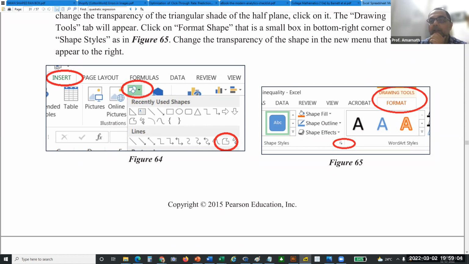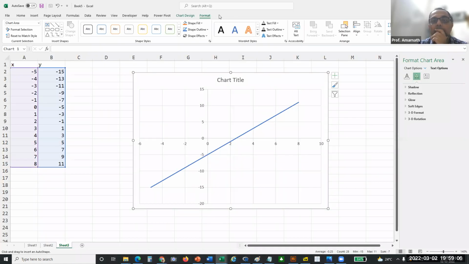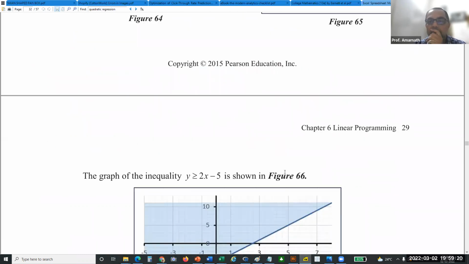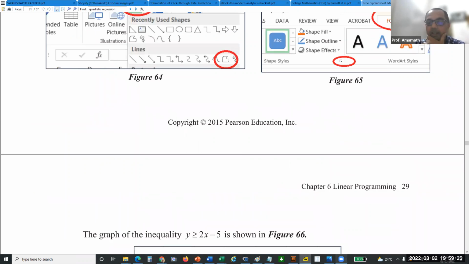Okay, let me do it. Okay, it opened this thing for me. Fine. Now what to do? I don't know. Okay, let me try it out. What it comes in.